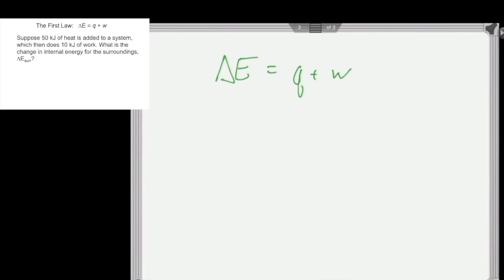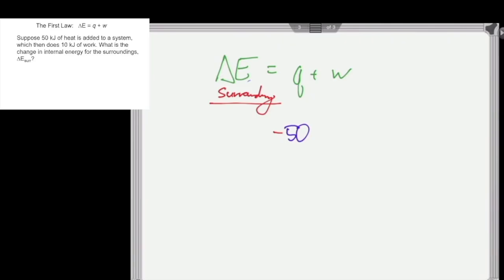So you're right, heat is going to be 50. But if we are going to be calculating the surroundings, with respect to the surroundings, the heat is added to the system. That means with respect to the surroundings, heat must be negative, right? The system gained it, it's plus 50. Surroundings, it must be negative.